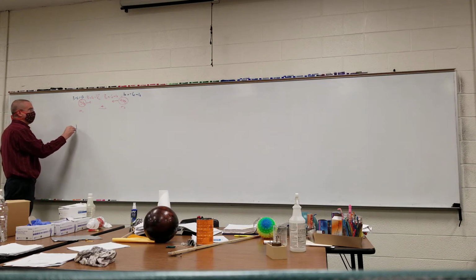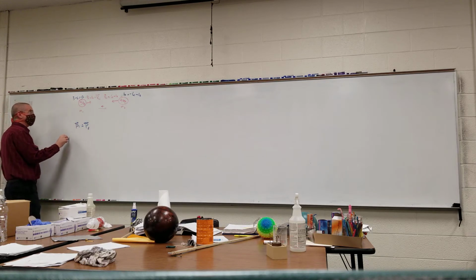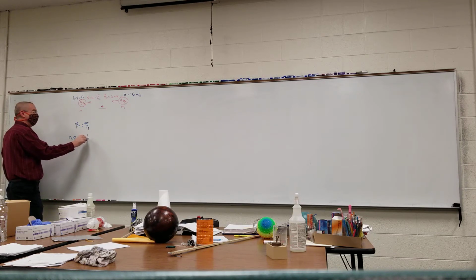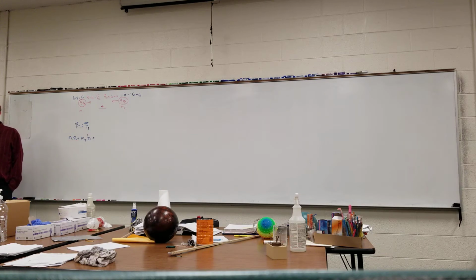I know my initial momentum is equal to my final momentum: conservation of momentum. So this is equal to M1 A plus M2 B, and that should be equal to the total momentum after the collision.